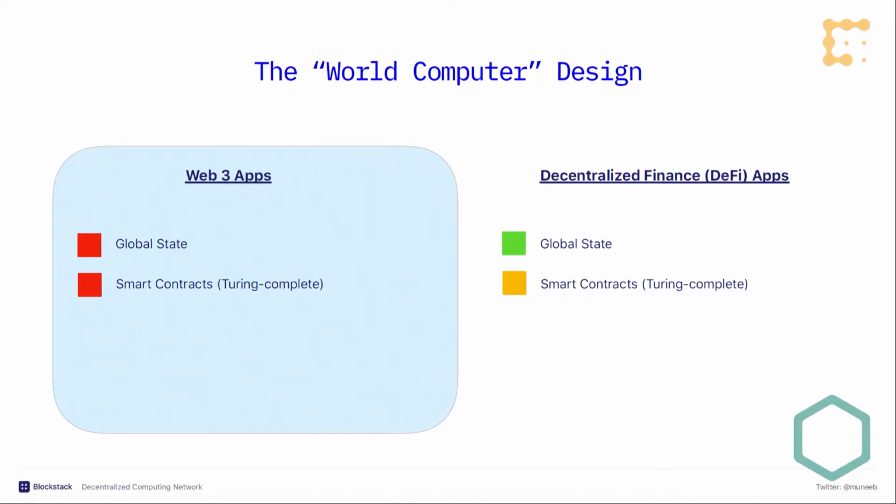Secondly, we should look into what this world computer idea is, what it is good for, and what it's not good for. There were two main ideas introduced with this philosophy of a world computer. One is global state, which means that every node, every user on the network keeps a copy of the global state.